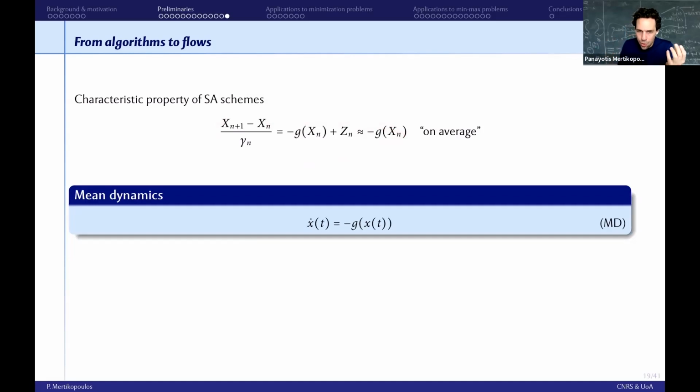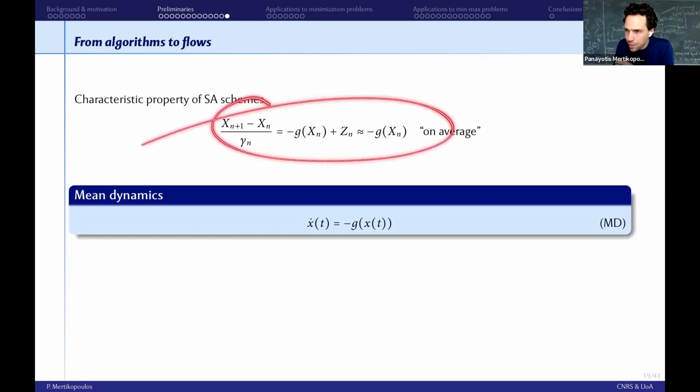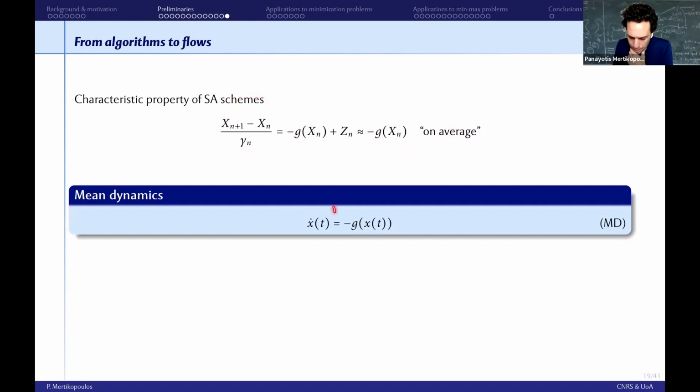All right, so we can see this very general stochastic approximation update as a discrete version of these continuous dynamics, mean dynamics. And so the idea is that if we are somehow able to make this link precise, to link the discrete time method with the continuous time method, and we are able to analyze the trajectories of the continuous time method, then we will directly have results for the discrete time method.